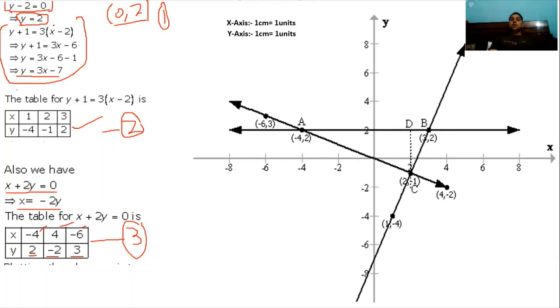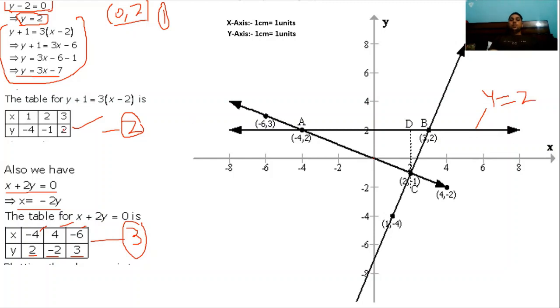First, this line is y equal to 2, which is the equation of a line parallel to the x-axis, at a distance of 2 centimeters from it.